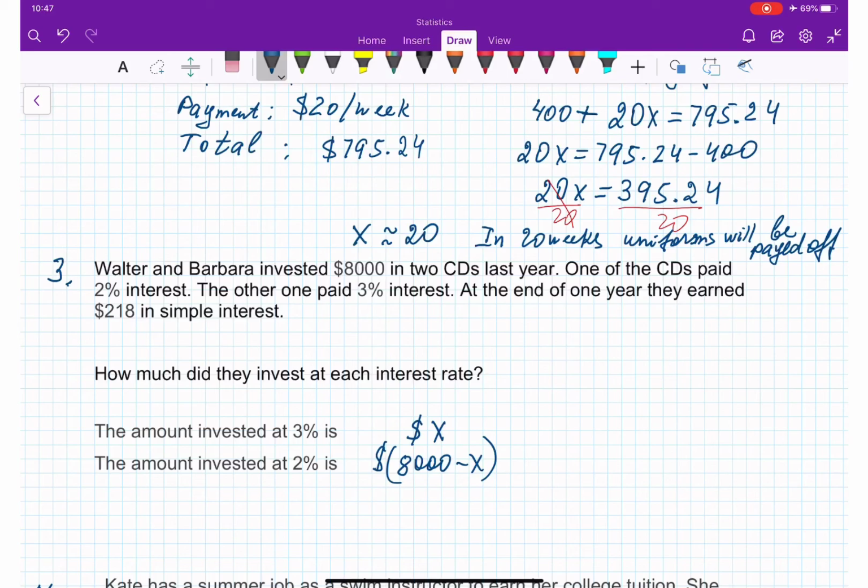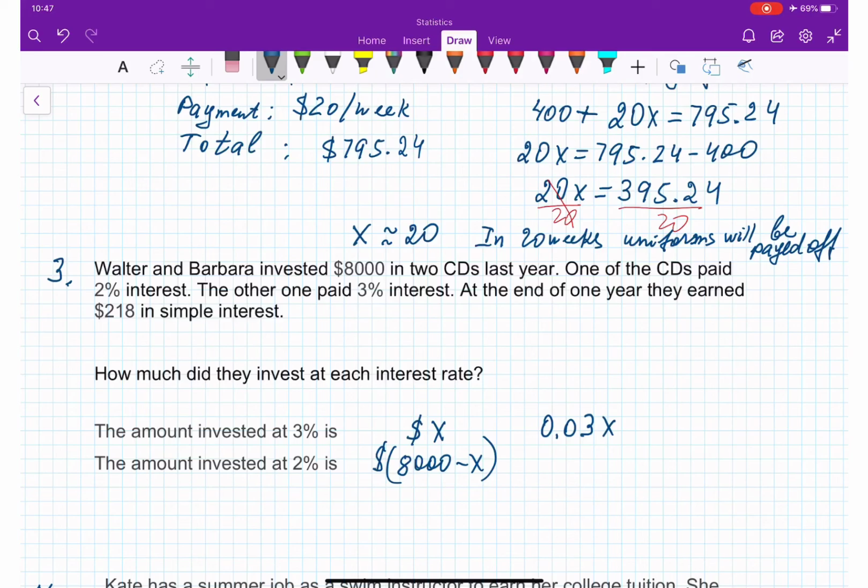So, invested X amount of dollars at 3%. How much money is it going to make? Profit. It's going to make 0.03x. Yes? We take x and multiply it by the decimal notation of 3%.